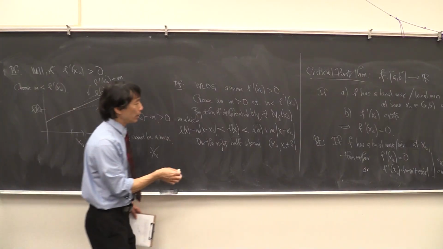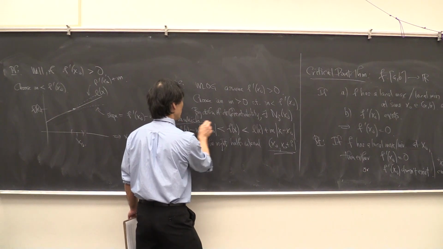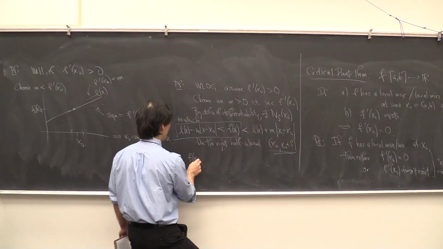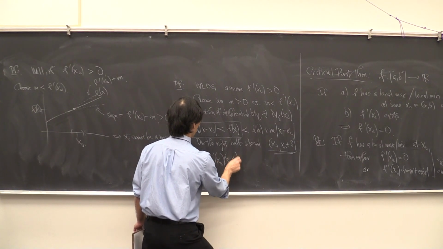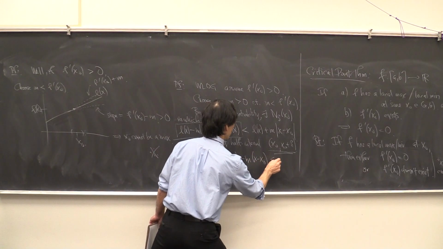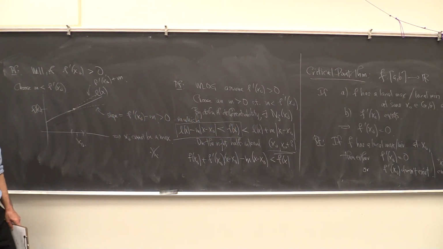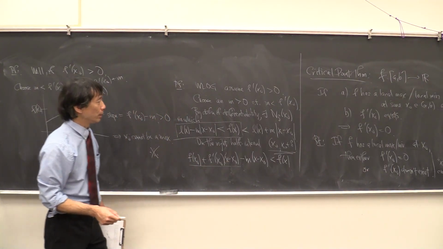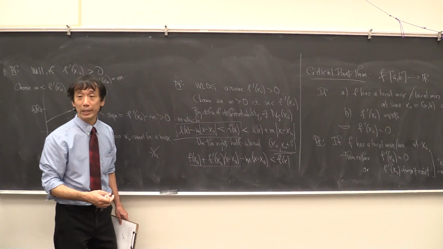Now look on the right half of that, and let's just use the left inequality. We get f of x naught plus f prime x naught times x minus x naught, minus m times x minus x naught, is less than f of x. Remember, this is the linearization minus this guy; x is now bigger than x naught, so I can throw out the absolute value sign.